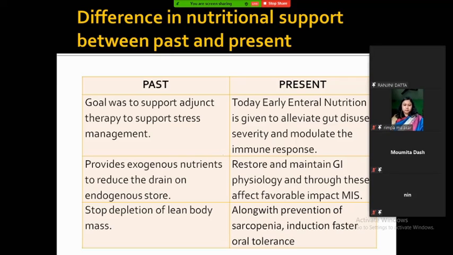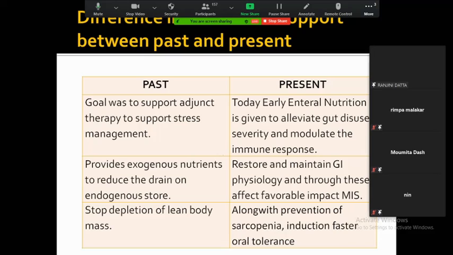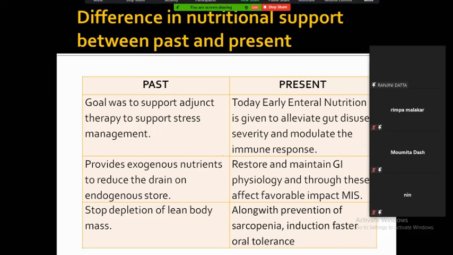Today, it is early initiation of enteral nutrition, given not only to manage stress but also to ensure that there is no gut disuse, which would increase the severity of the disease, along with modulation of the immune response. What I am continuously stressing is that enteral or parenteral nutrition is basically given to alleviate sepsis conditions in a patient.